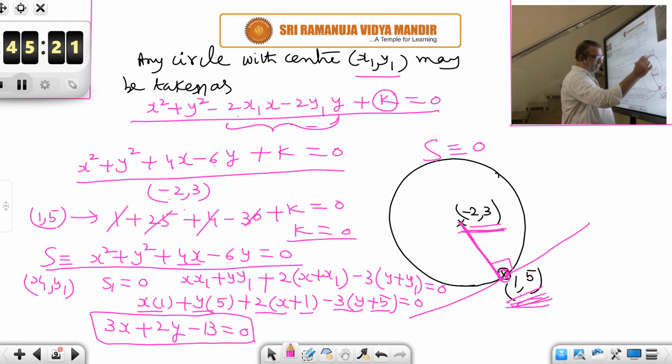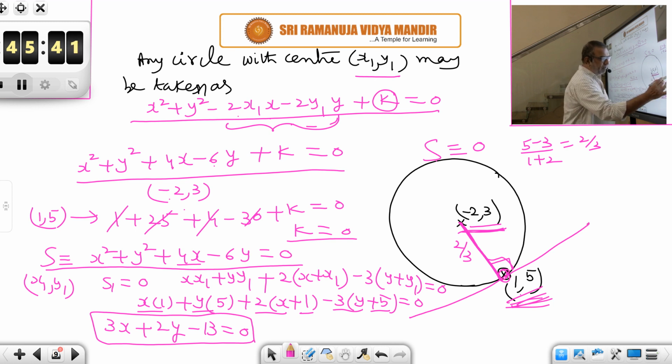Difference of y coordinates 5 minus 3 by difference of x coordinates 1 plus 2. Is it not? 5 minus 3 by 1 plus 2, 2 by 3. So the slope of this line is 2 by 3. Therefore the tangent slope, which is perpendicular to this, must satisfy m1 m2 is equal to minus 1. So minus 3 by 2.